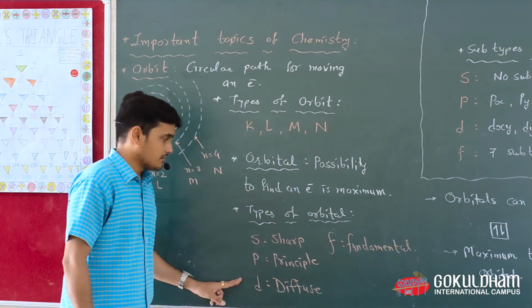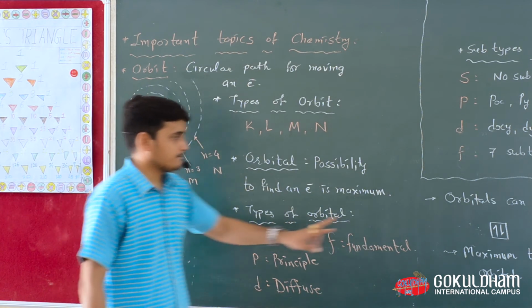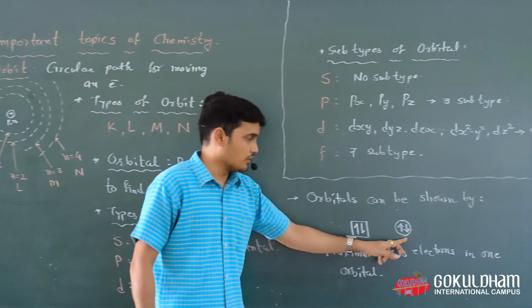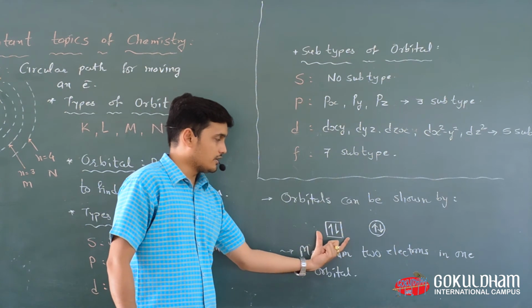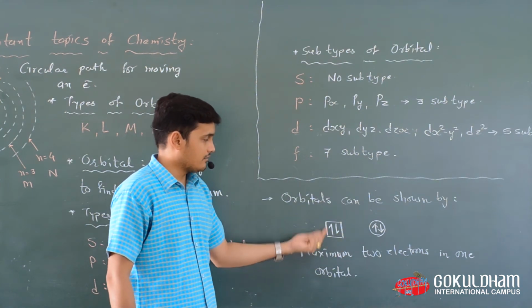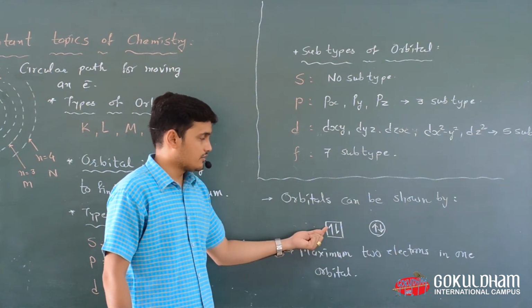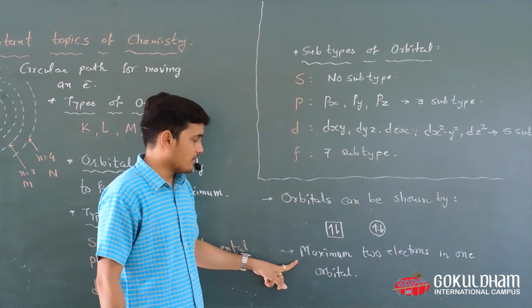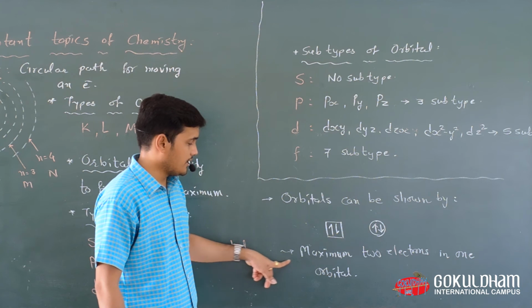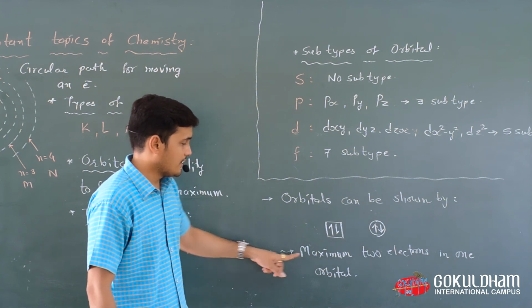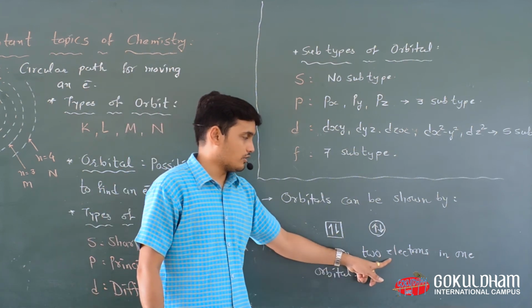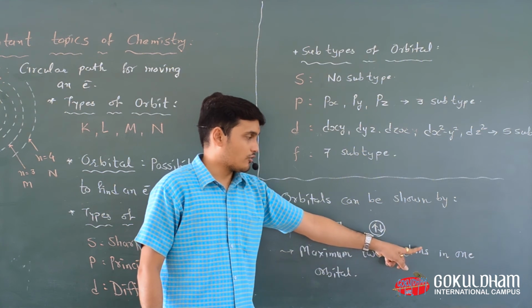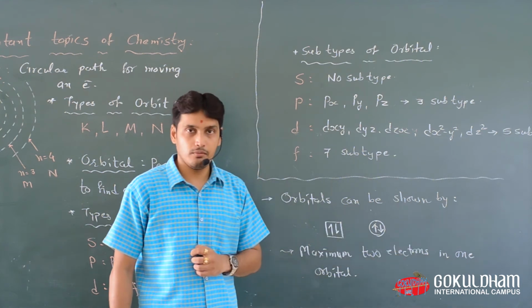These orbitals can be shown by these symbols. You can draw a square and two half arrows. These two half arrows indicate the electrons. And one most important thing you have to keep in mind, that maximum 2 electrons can accommodate in one orbital.